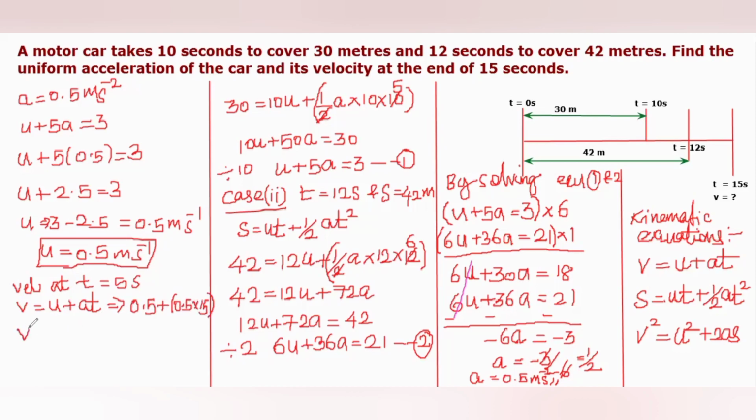So the value of v equal to 0.5 plus 15 multiplied with 0.5, which is 7.5. If you add this, you will get 8. So finally, the velocity equal to 8 meter second power minus 1. That is the final required value of velocity at the end of 15 seconds.